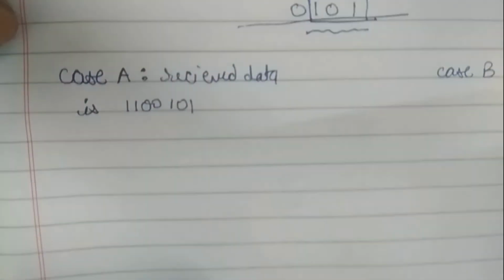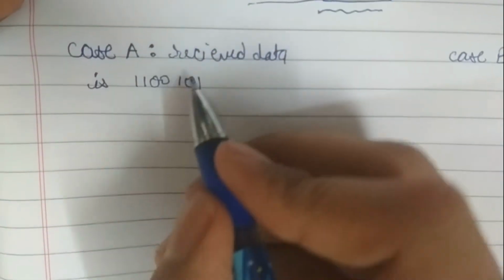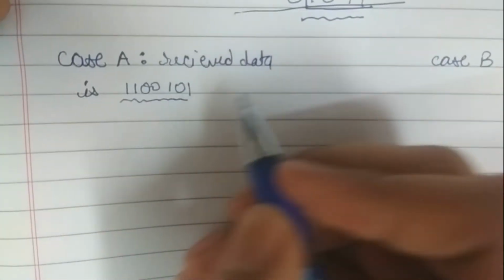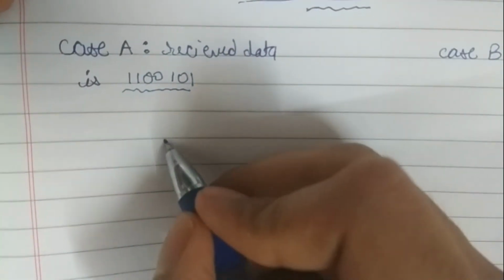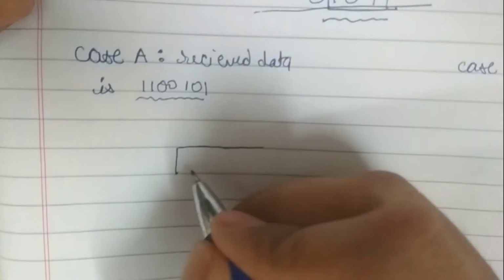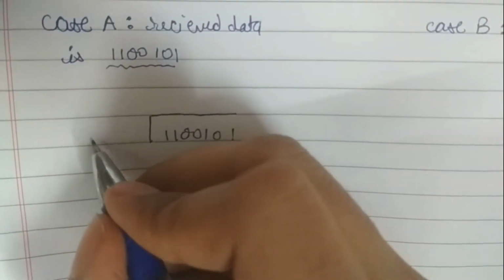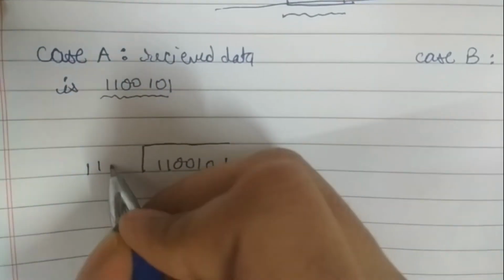Now on the receiver side, let's consider case A, where the received data is equal to input plus checksum. The receiver will verify the correctness of this data by dividing the received data with the same divisor.